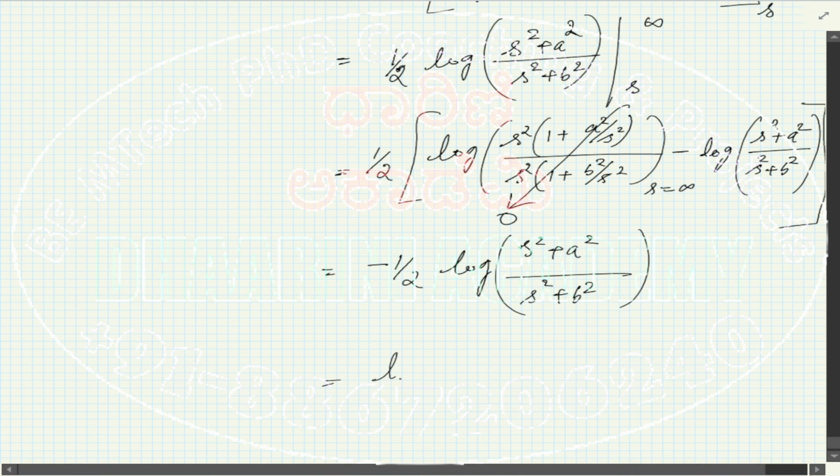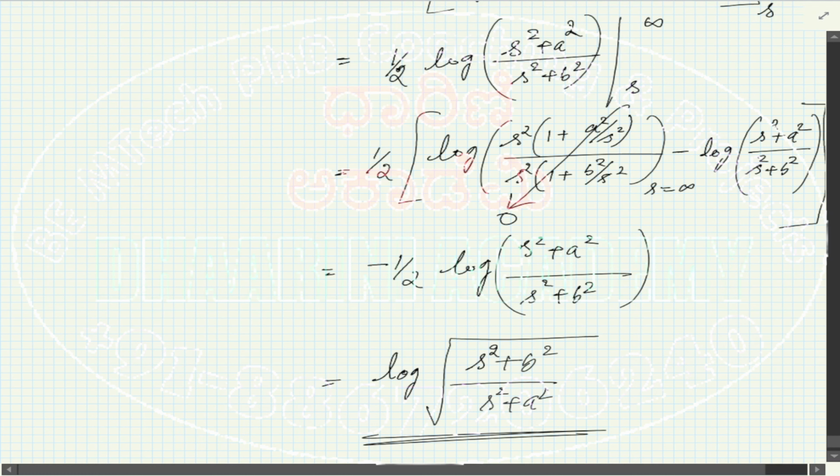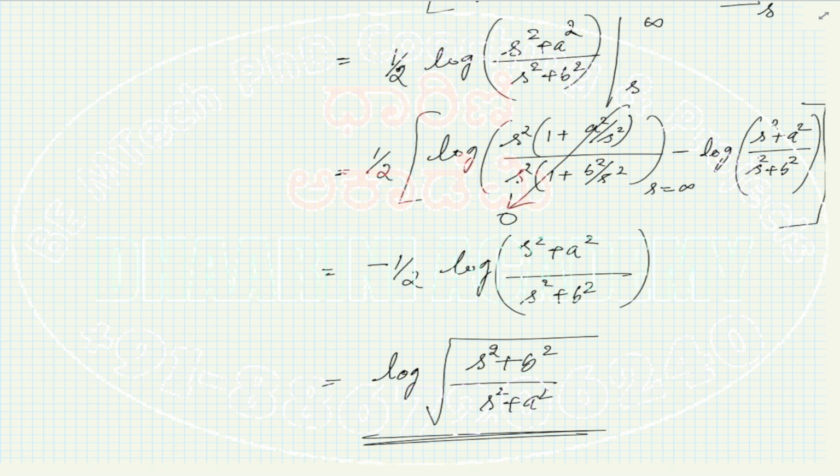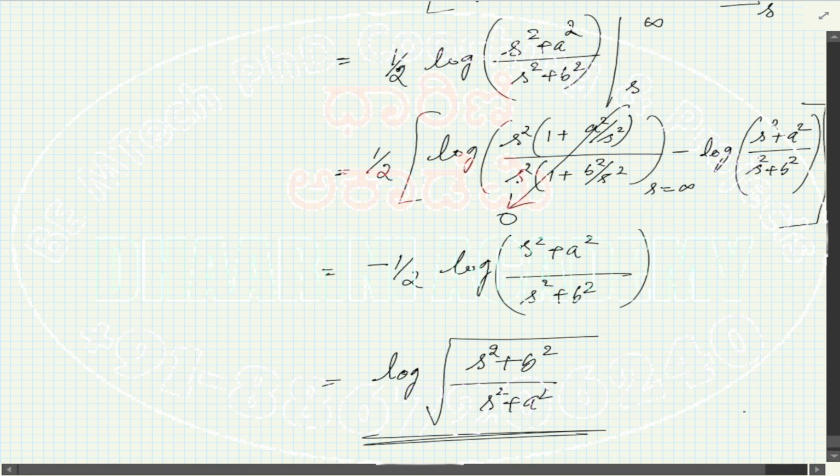So this can be simply written as log of this square root, because the term is being multiplied by half, and the minus makes it an inverse of the term inside the bracket, that is s square plus b square by s square plus a square. So this is the required function.